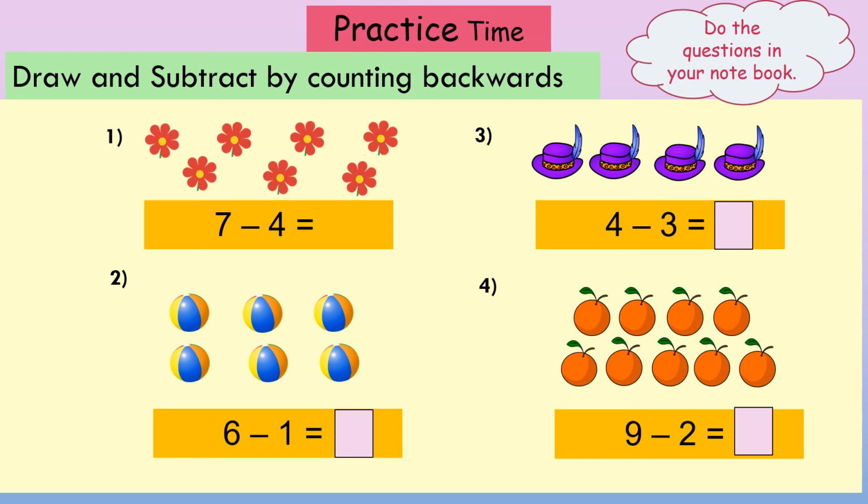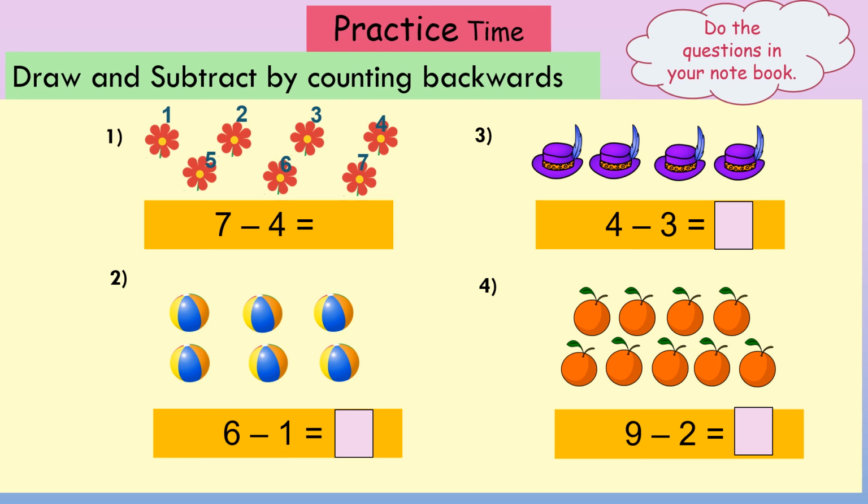So total, how many flowers are there? Let's count. 1, 2, 3, 4, 5, 6 and 7. So total 7 flowers are there, and you have to take away 4 from the 7.